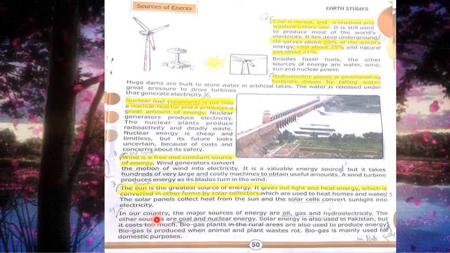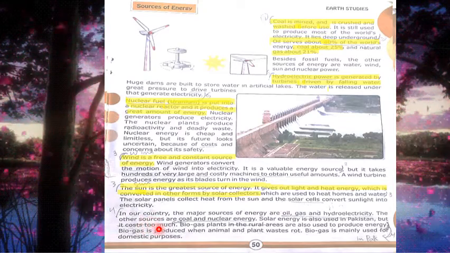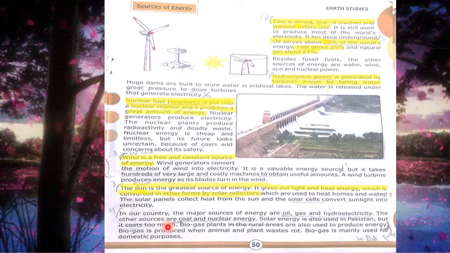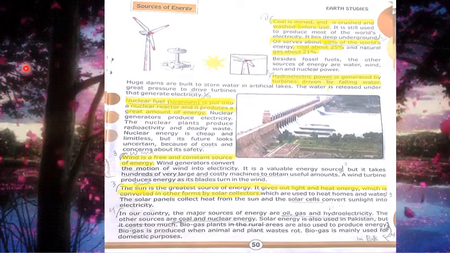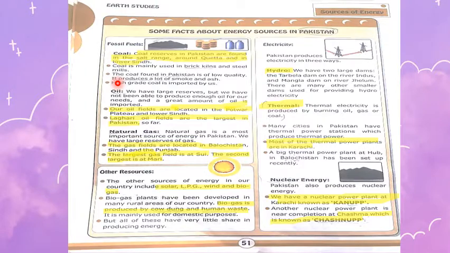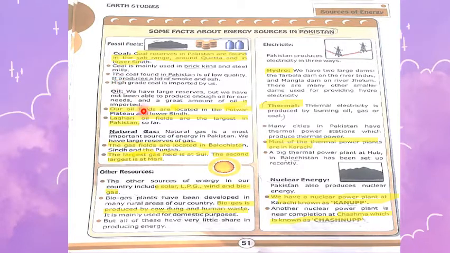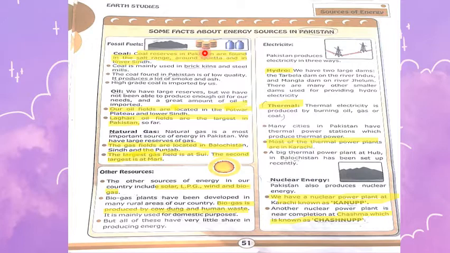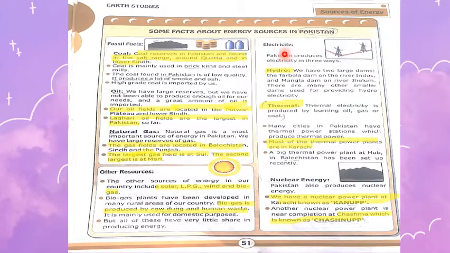In the last paragraph, you can see some of the types of energies which are used or being produced in Pakistan. This is the last page of your chapter Sources of Energy and it is page number 51, where you can see some facts about energy sources in Pakistan.